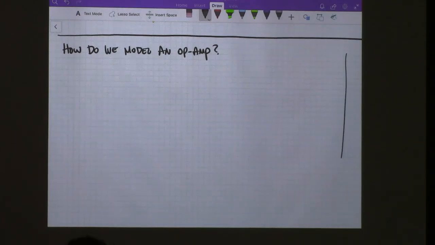So op amp. So how do we model these devices? This should look familiar. I told you a while ago that there was a type of circuit that we used that was very similar to how we were going to model op amps. And so that circuit looks like this right here.